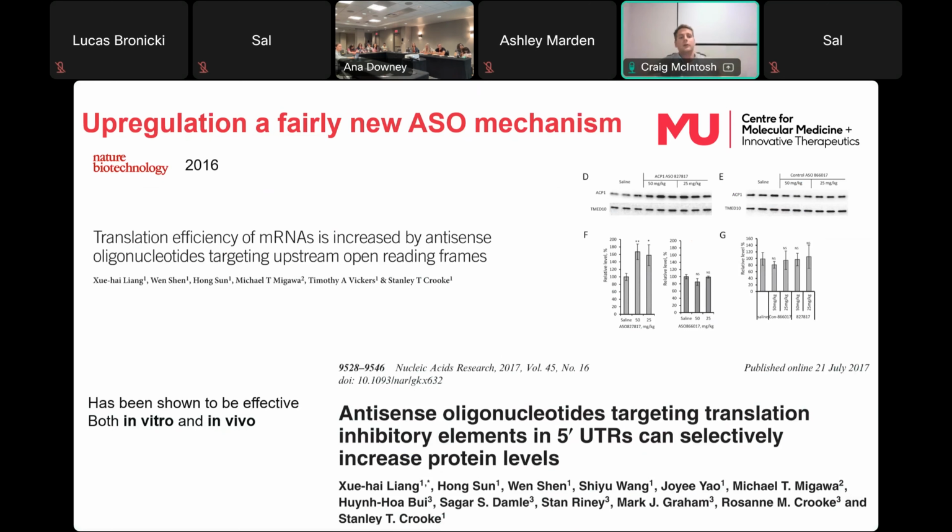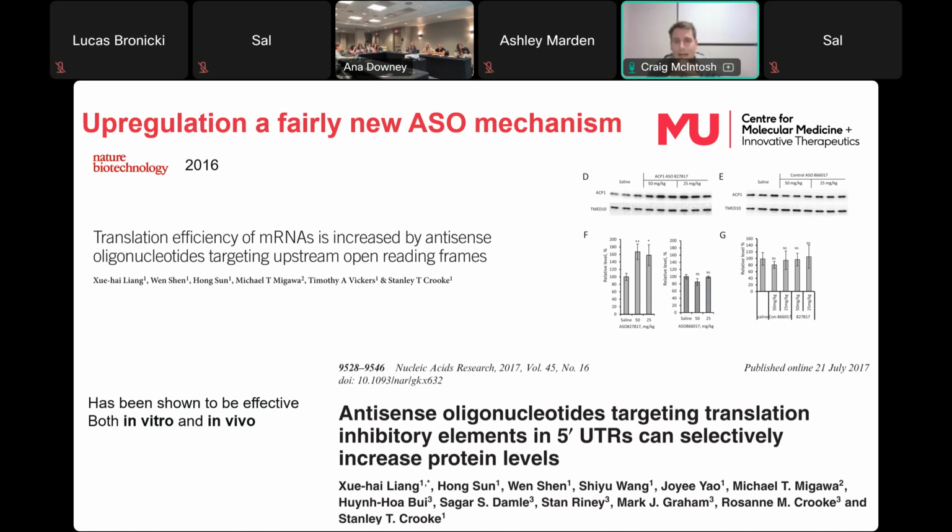This is a fairly new mechanism. ASOs have been around for decades, and this was generally first reported in 2016 and then further developed from there. It's been shown to be effective both in cells, so in the lab, in various types of tissue, so in muscle, in skin, and various other tissue, and it's also been shown to work in animal models as well.